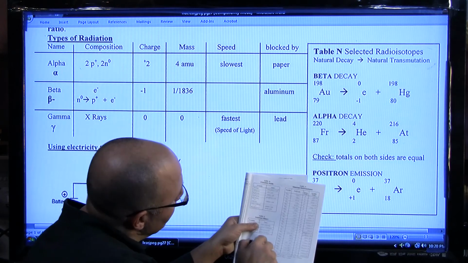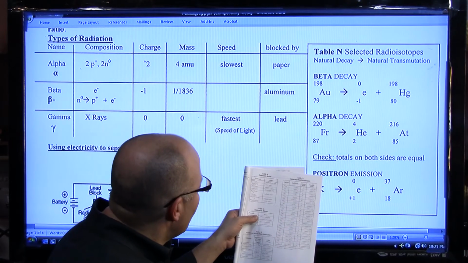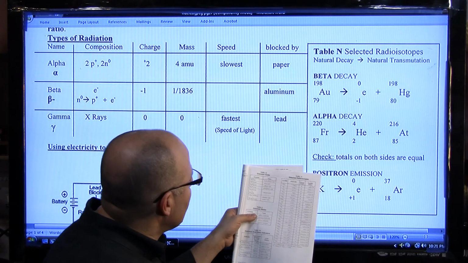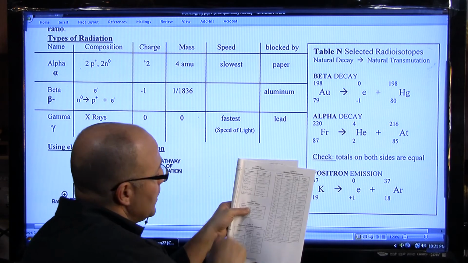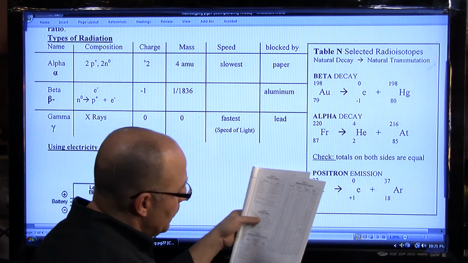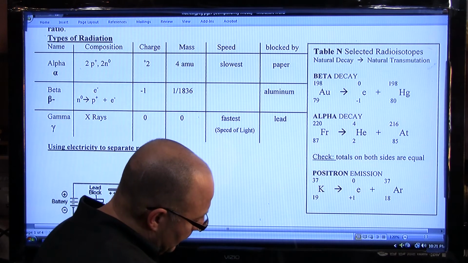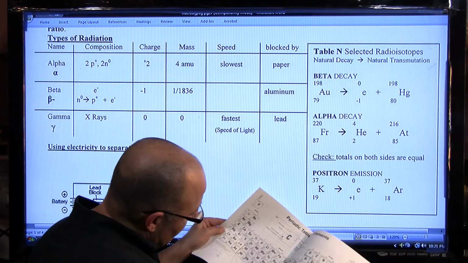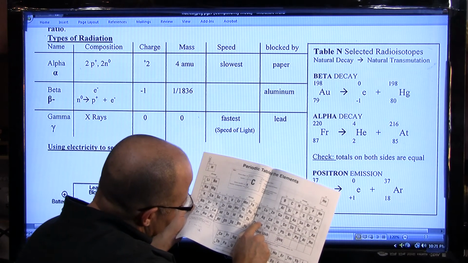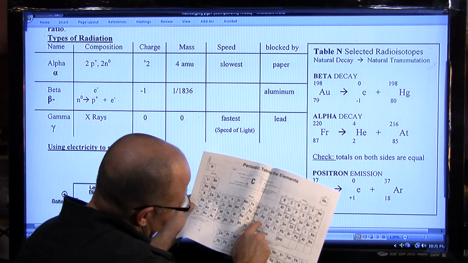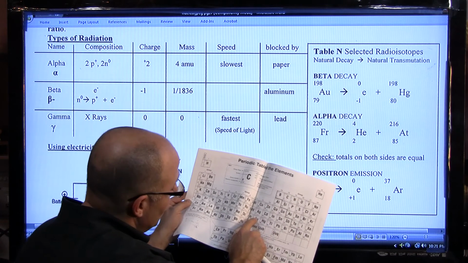Notice it says there in table N, the nuclide, or radioisotope, that's breaking down, it says Au-198. The 198 is not the atomic number, but it's the mass number of gold. If you were to look up gold in your periodic table, you'll see that most gold is 196.967, which rounds up to 197, the most common isotope of gold.